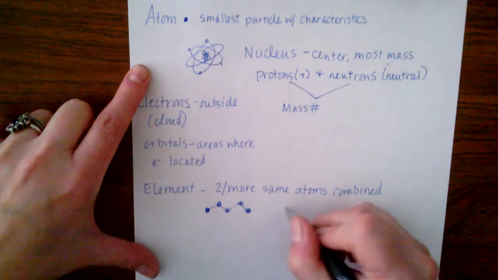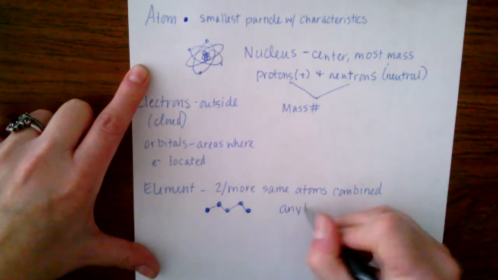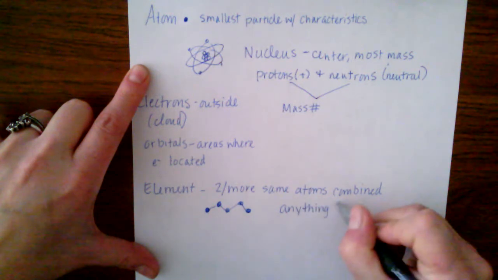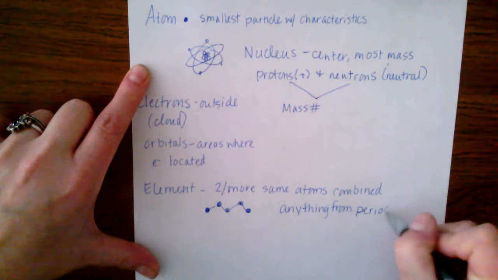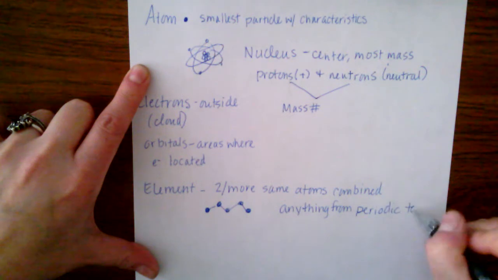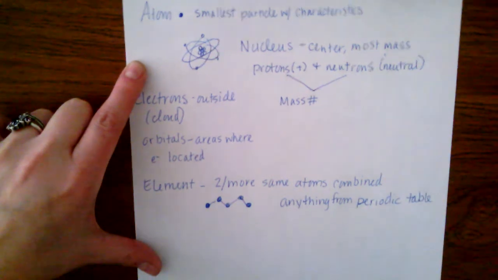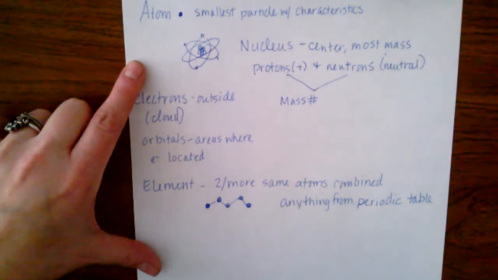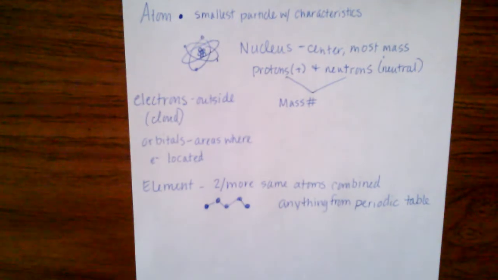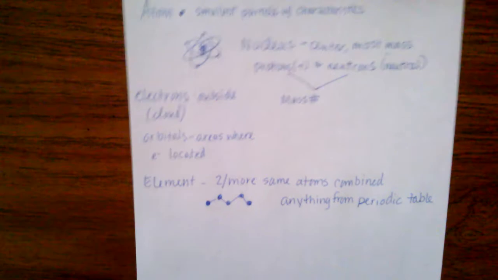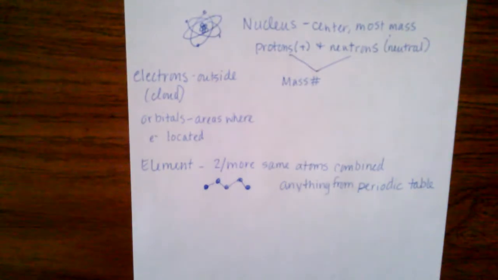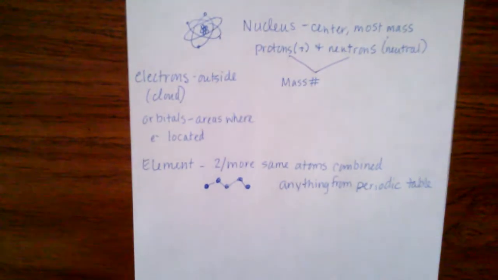So an element is anything from the periodic table. Anything from the periodic table is an element. It's not one single atom, it's a bunch of stuff bonded together. So just a bunch of the same atoms bonded together.